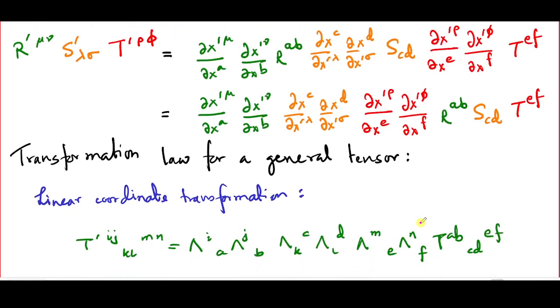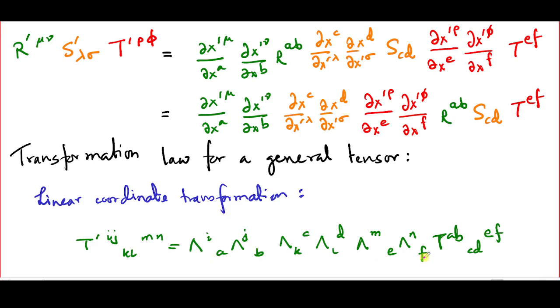Let me just remind you that if the coordinates were to undergo a linear coordinate transformation, a tensorial object like this, T upper ij lower kl upper mn, would transform in this fashion, where each of the upper indices ij, mn will have lambda factors corresponding to vector transformations, and each of the lower indices will have the other lambda factors corresponding to covector transformations.